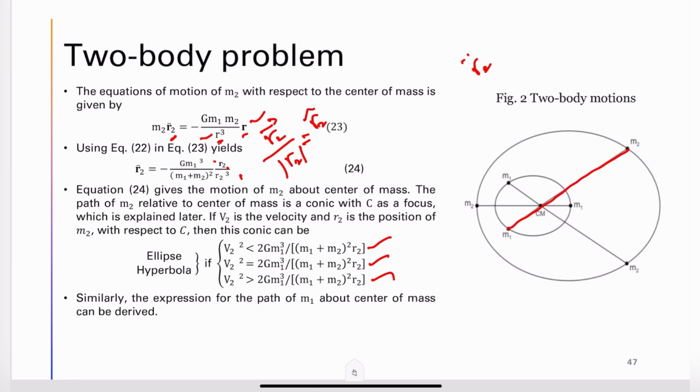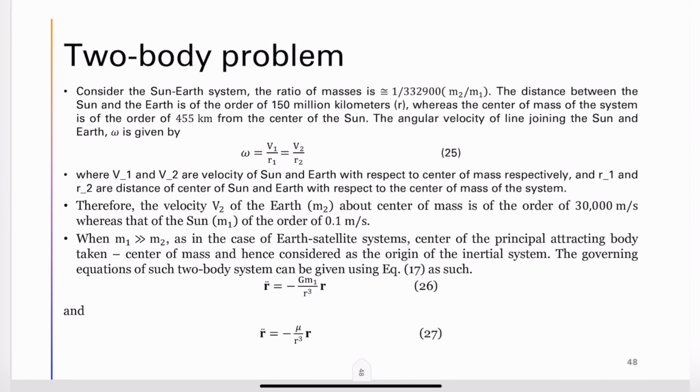This line, the m1 m2 line, is actually rotating. Both are rotating. So the angular velocity of this line is omega, and it is the ratio v1 by r1, which is a constant, and that is equal to v2 by r2.